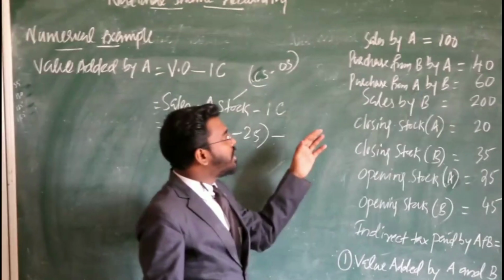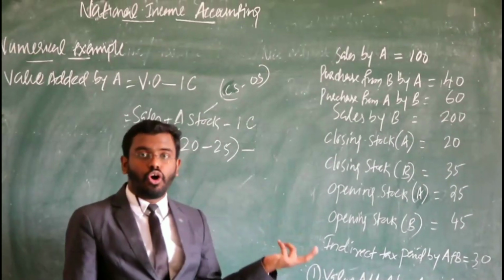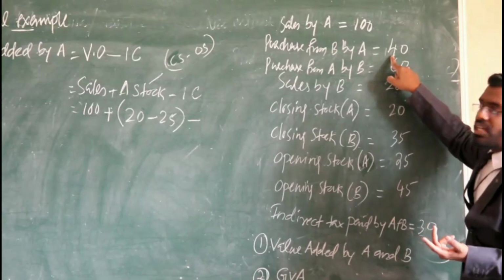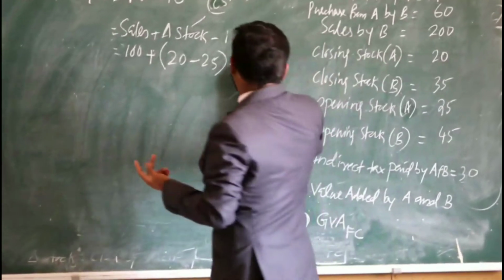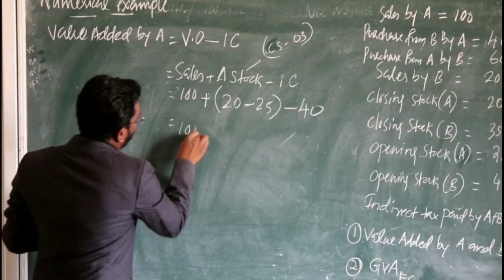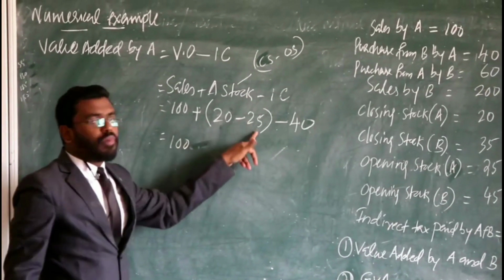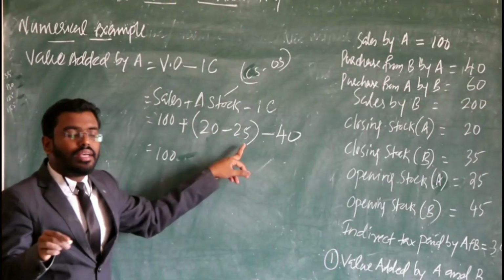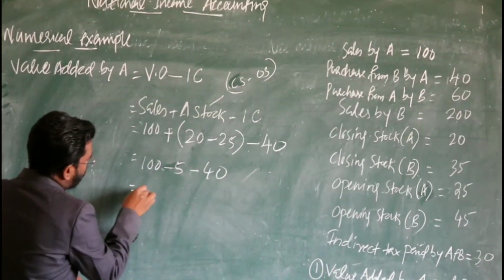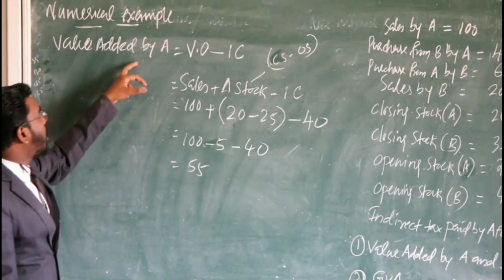Cost of raw material means whether the firm purchased any commodity from another firm or not. Here firm A purchased from firm B for rupees 40. So intermediate cost is equal to 40. That is 100 plus 20 minus 25, which becomes minus 5. Then 100 minus 5 minus 40 is equal to 55. So 55 is the value added by firm A.